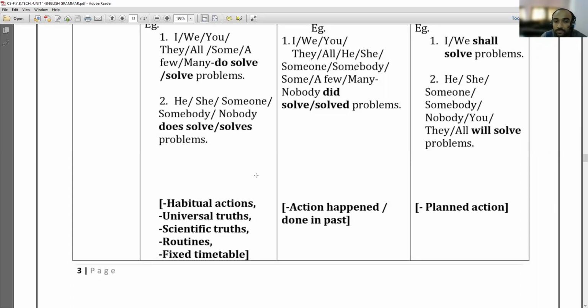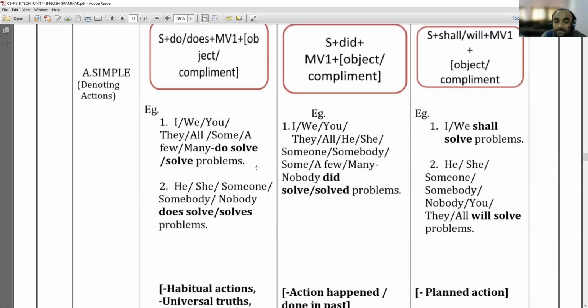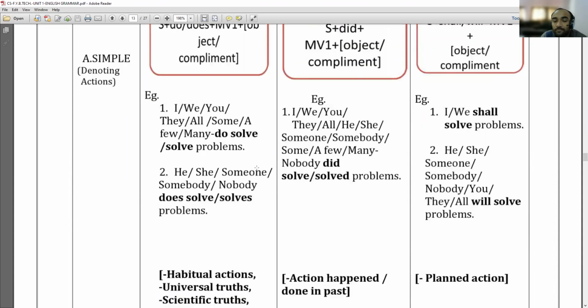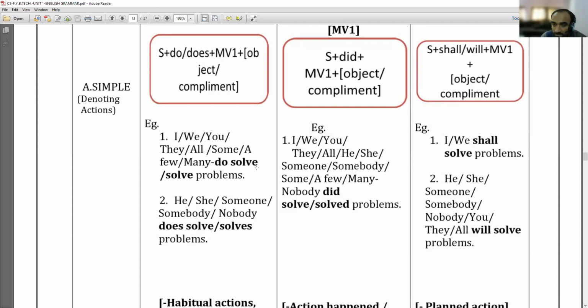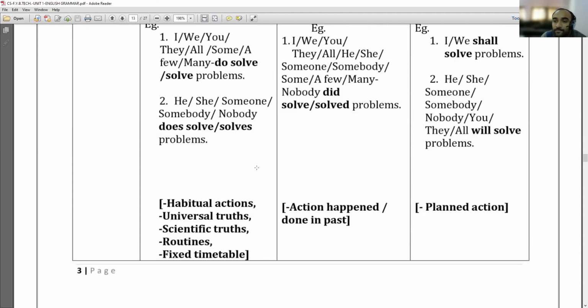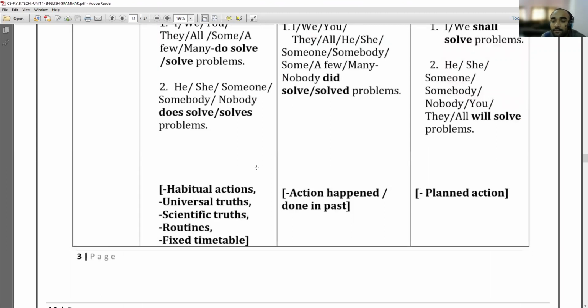The structure is that we have to add s or es suffix, or we have to add do or does with the main verb. आता oil does float on water. इथं मी काय केलंय तर त्याची फोड केली. मी वाटणी केली त्या वर्बची. कुठल्या वर्बची तर ऑइल फ्लोट्स ऑन वॉटर. तेल हे पाण्यावर तरंगतं.